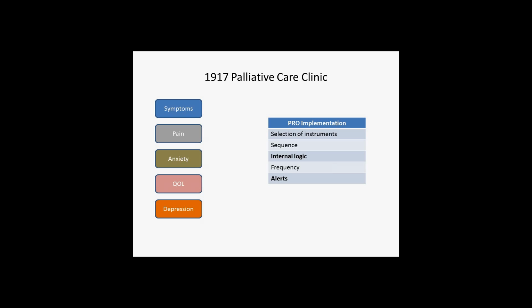But the other interesting thing was that if the instrument had improved, they didn't necessarily want to ask it, but if the instrument was stable, then they wanted to ask it as well. So we had to put in internal logic where, depending on your performance on your first measure, that's how we would select subsequent measures. Not simply frequencies in time, but internal logic.